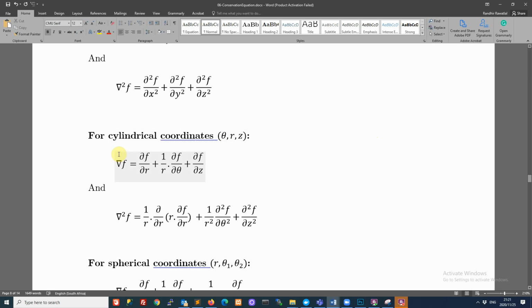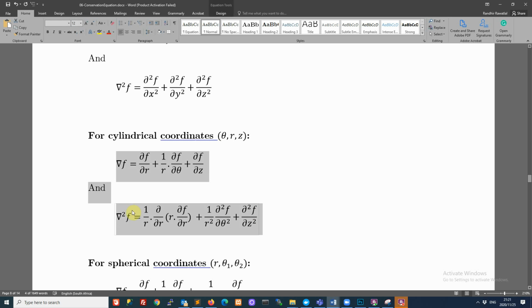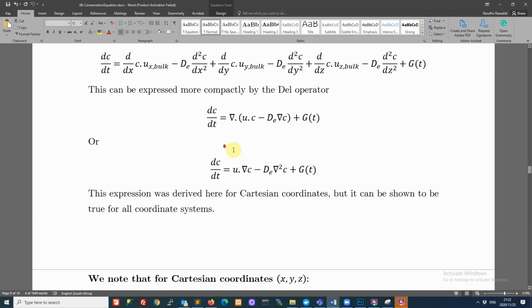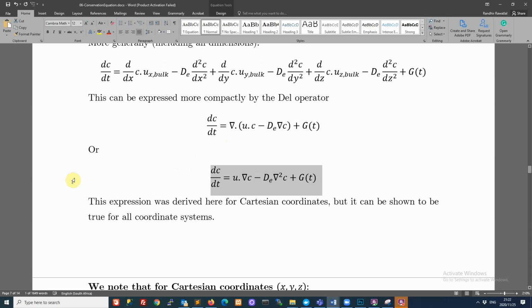So in the case of the cylindrical coordinates, del of f looks like this, and then del squared of f looks like that. And so for cylindrical coordinates, the expression for del changes, but the equation here stays the same. So it doesn't matter what coordinate system we have, the equation stays the same.